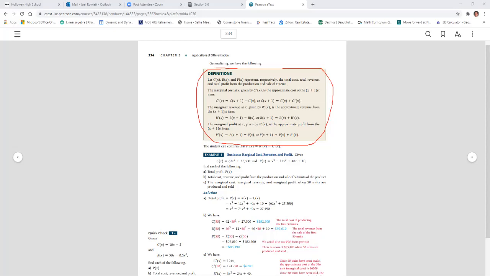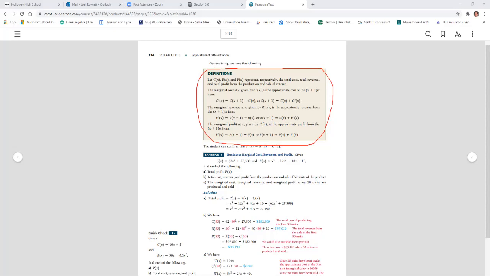And finally, the marginal profit at x, given by P prime of x, is the approximate profit from the x plus first item. P prime of x is approximately equal to P of x plus 1 minus P of x, or you could say P of x plus 1 is approximately equal to P of x plus P prime of x.